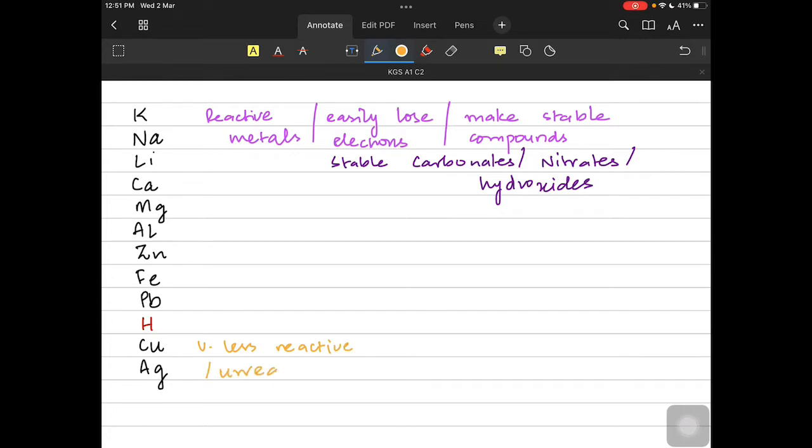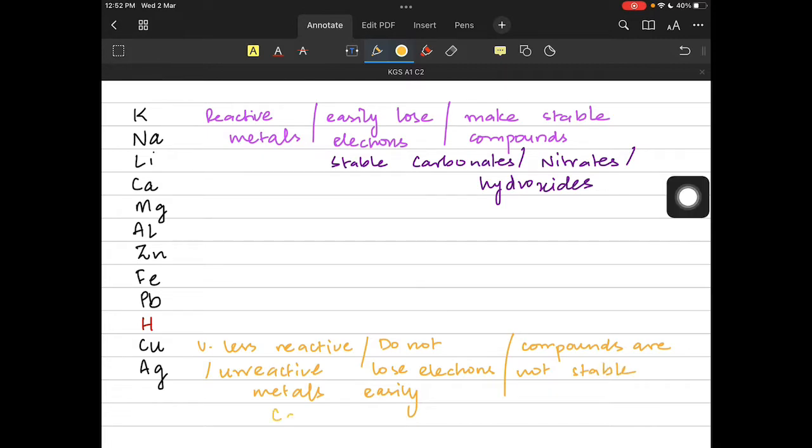But the metals which are below in the reactivity series are very less reactive. So they don't lose their electrons that easily, and they don't make good cations. They don't want to make an ionic lattice. Their compounds can't be made easily, and even if you get their compounds, they won't be stable, so they will decompose.